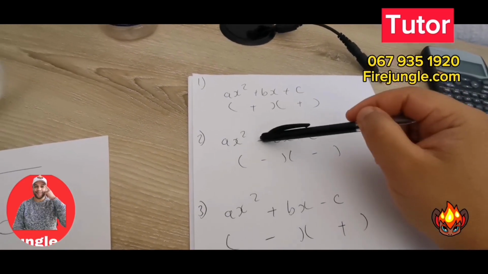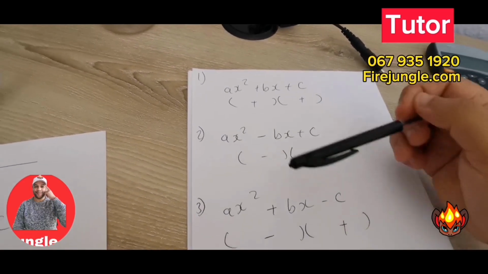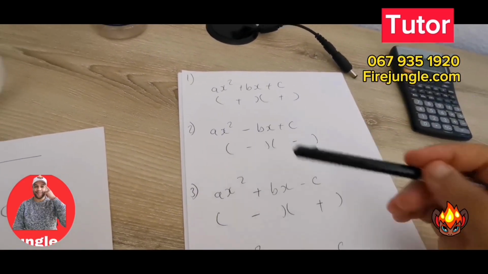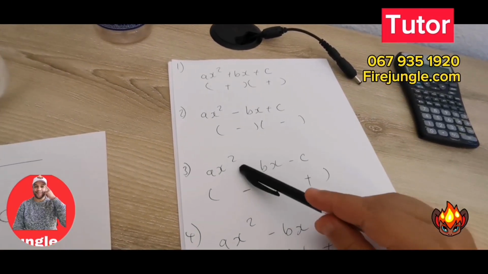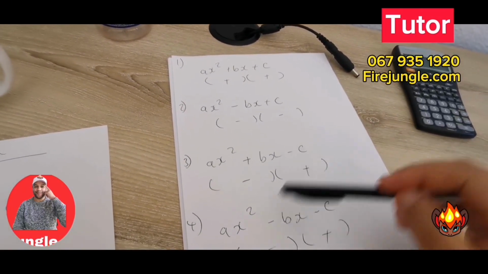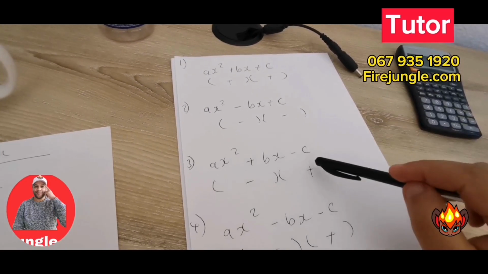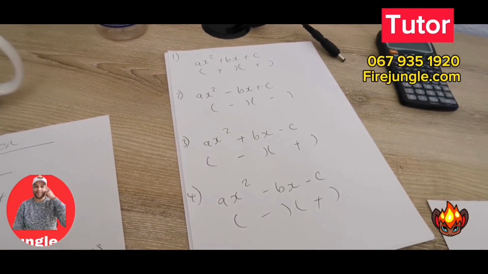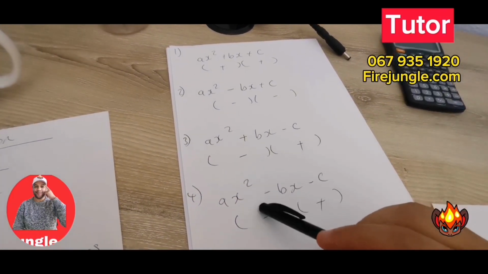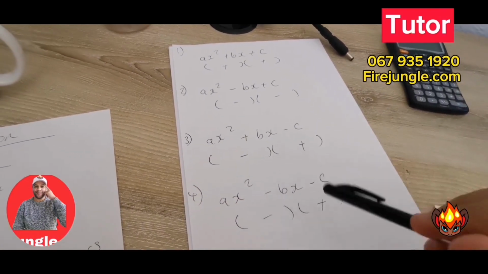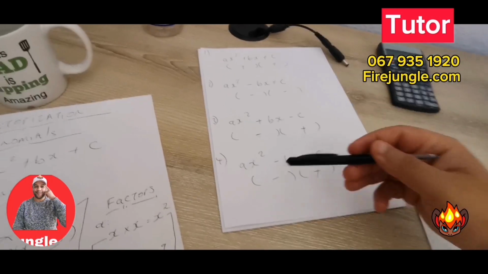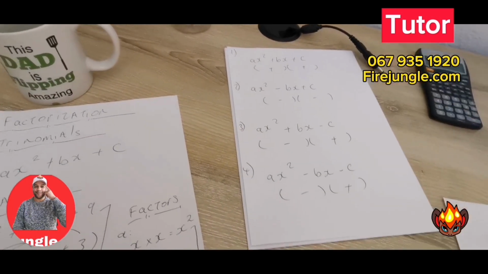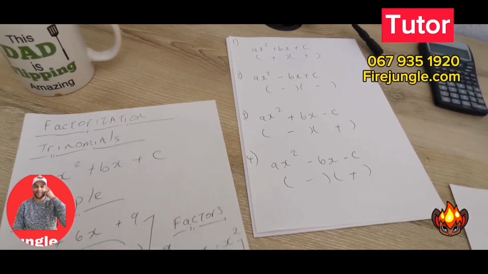If there's a minus sign in front and a plus sign at the back, the brackets are going to have 2 minus signs inside them. If there's a plus sign in the front and a minus sign at the back, there can be a plus and a minus inside the brackets. And if there's a minus sign and a minus sign, then it's a plus and a minus sign in the brackets. So these are the 4 different types of factorization for trinomials.